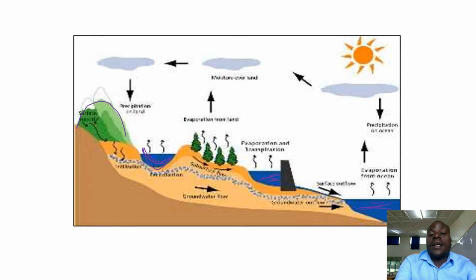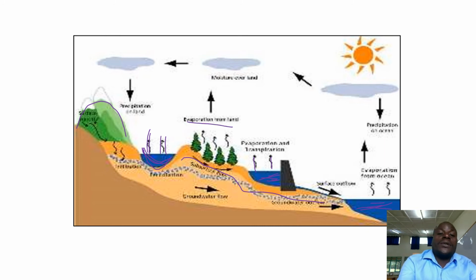And we have the ground. This dry part is the ground. And if you check on the lakes, we have evaporation on the lakes. The vapor joins the atmosphere through the process of evaporation.